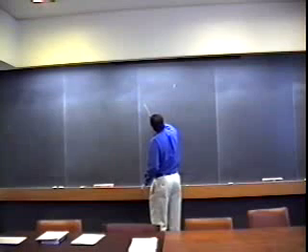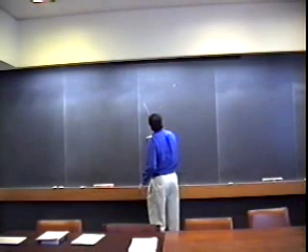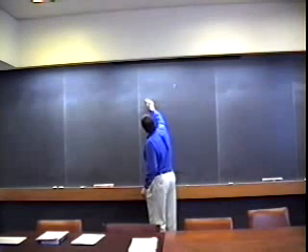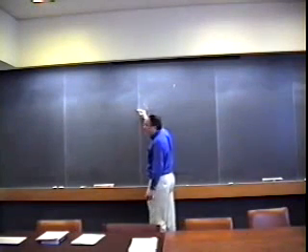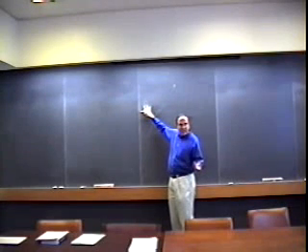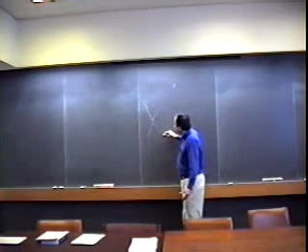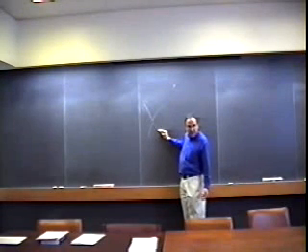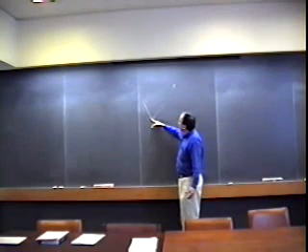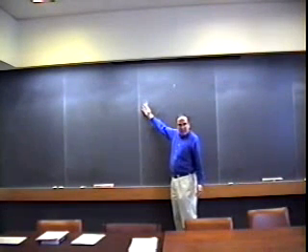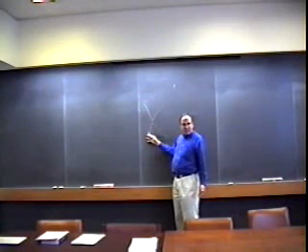When you have a weakly avoided crossing, you get this kind of behavior, and so up in here, this would be an electronic state that has an electronic configuration the same as or similar to the configuration down here. So you have a mixture, say configuration number 1, configuration number 2.